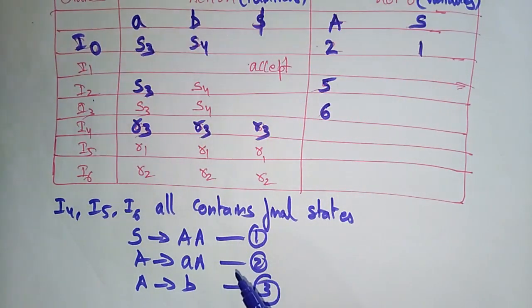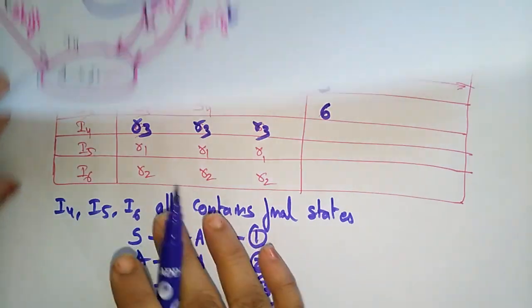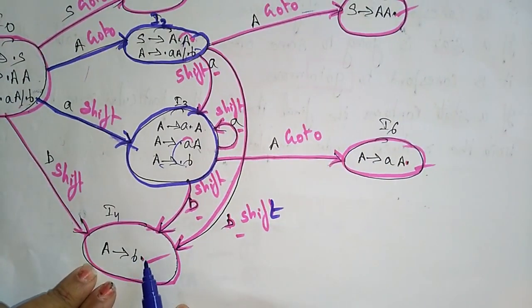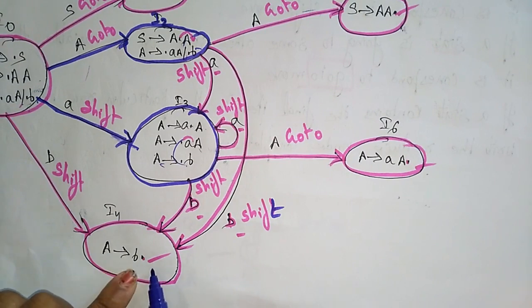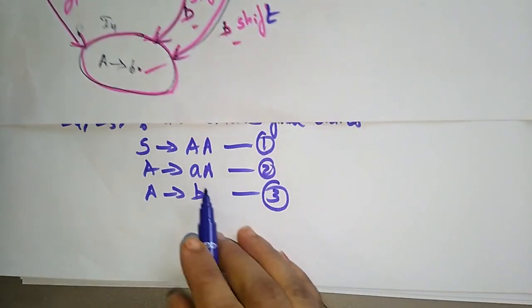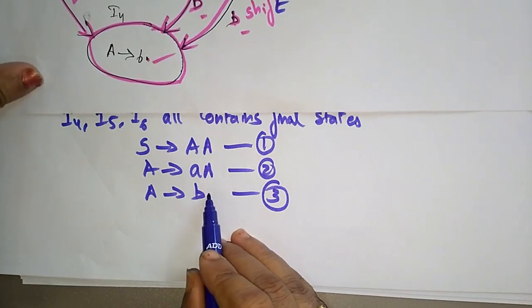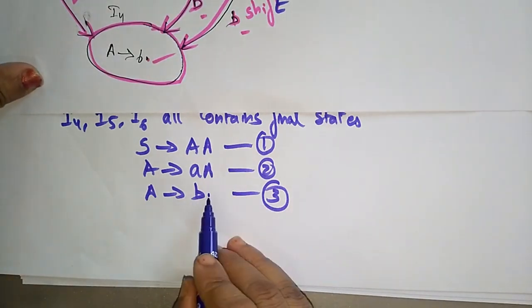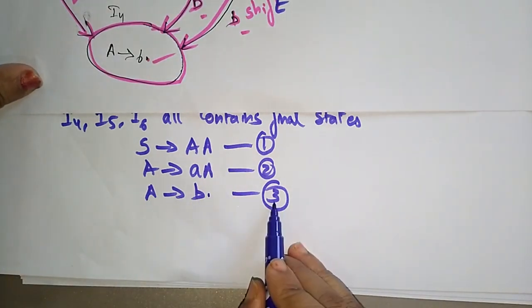Next, I4 contains the final item A determines B dot. What is the production number of A determines B dot? That is 3.